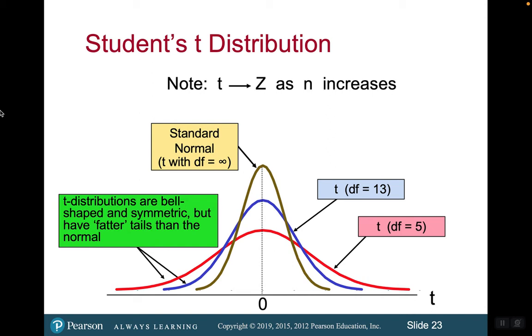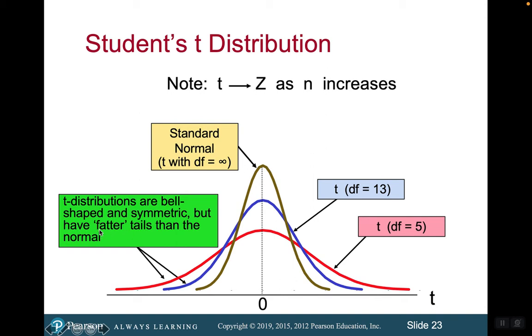As we look at some examples of t-distributions, here's our standard normal distribution, this arcing curve. And we will have different shapes of the t-distribution depending upon the degrees of freedom. T-distributions are also bell-shaped and symmetric, which means they have equal distribution on both sides. But they have fatter tails.